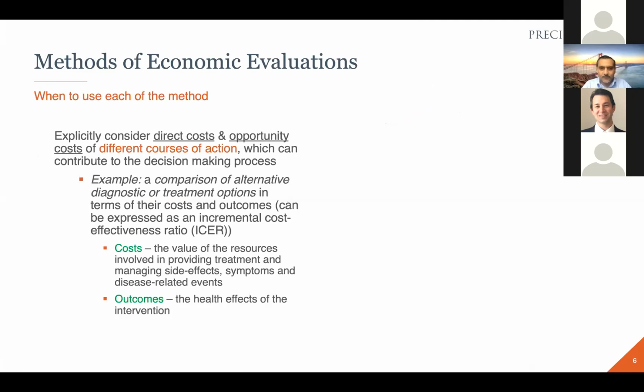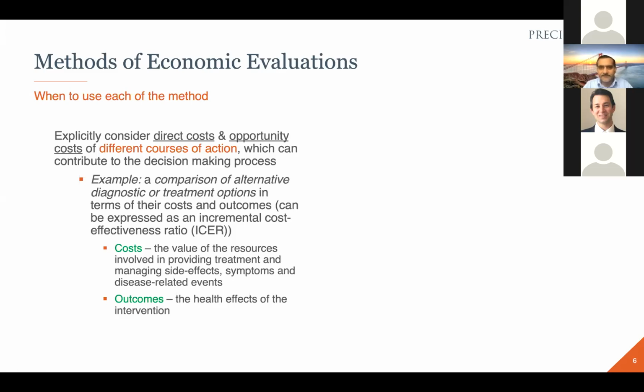The goal is to compare these alternative courses of action and find the best possible way. Many studies also use incremental cost ratios to compare the effectiveness of the alternative strategies. So that's the idea.